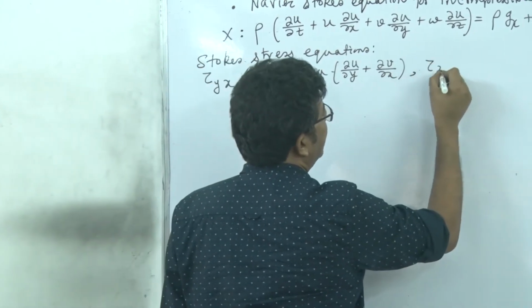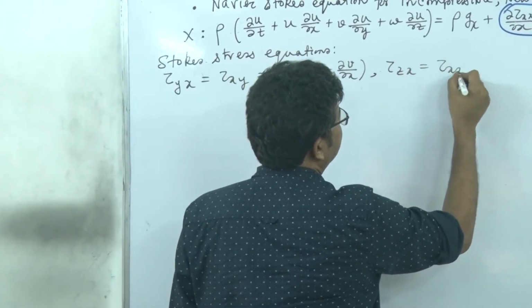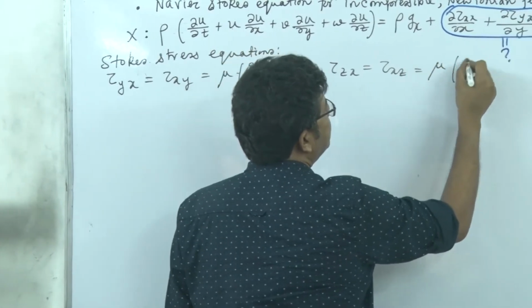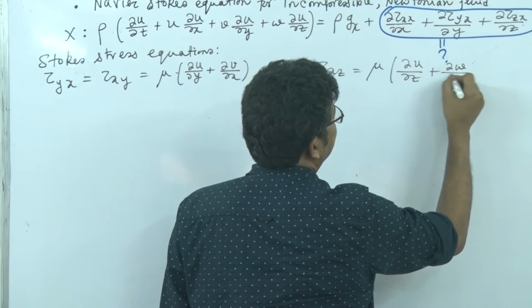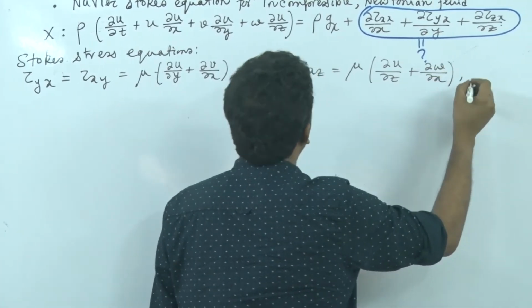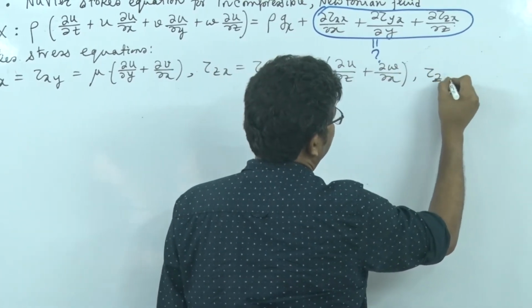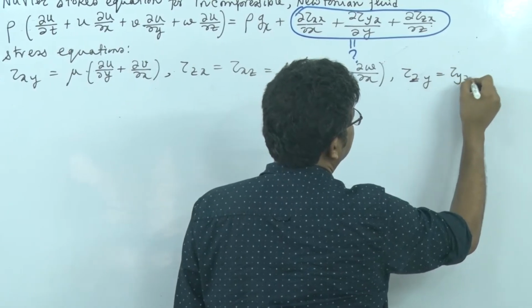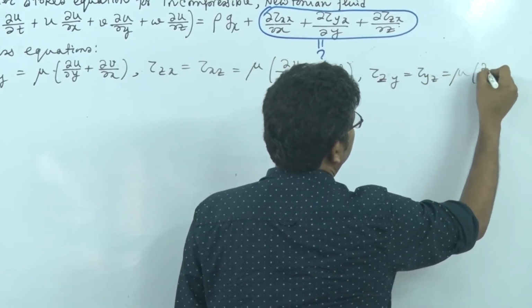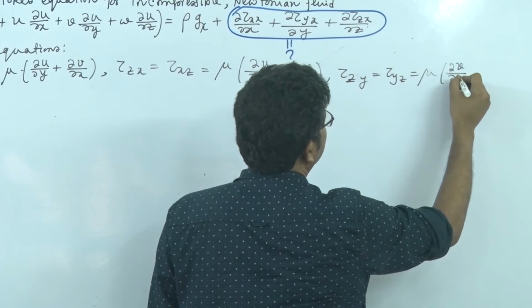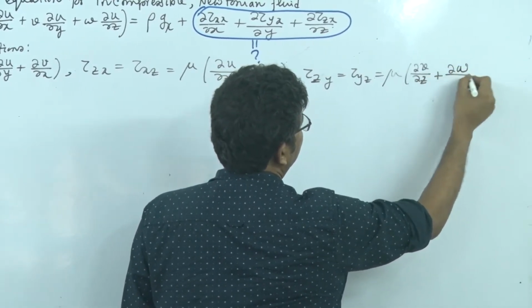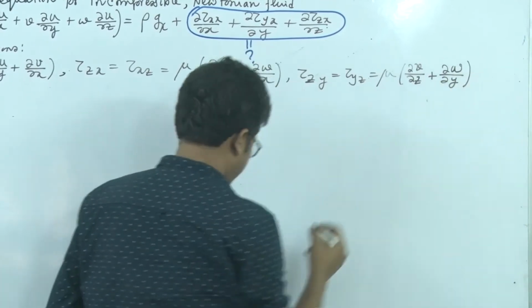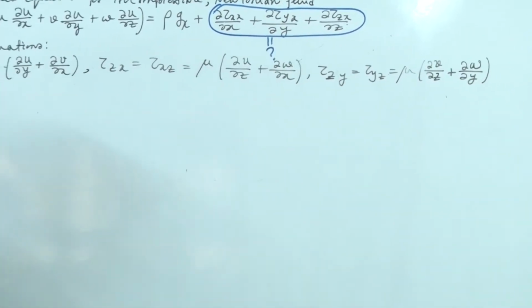Additionally, tau zx equal to tau xz equal to mu times del u del z plus del w del x, and tau zy equal to tau yz equal to mu times del v del z plus del w del y.